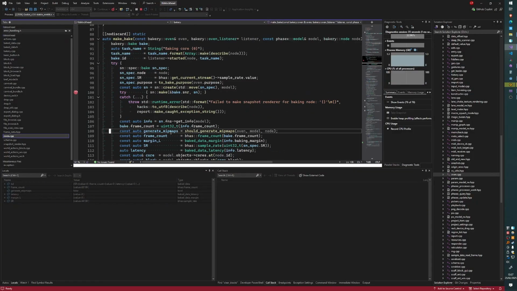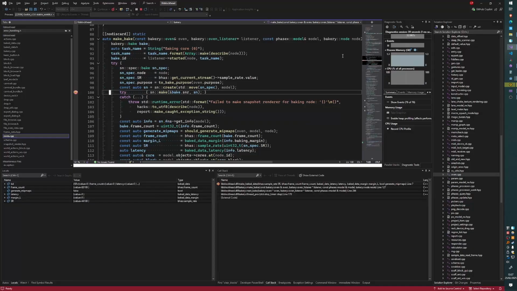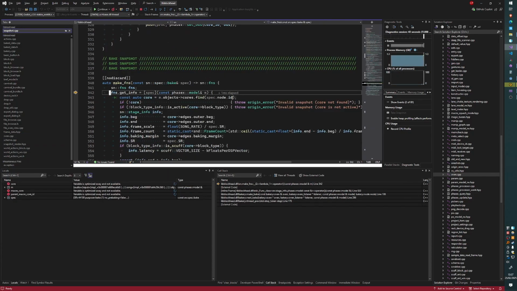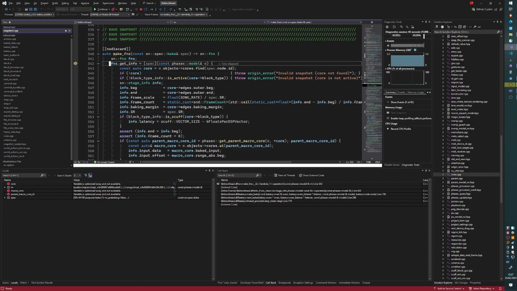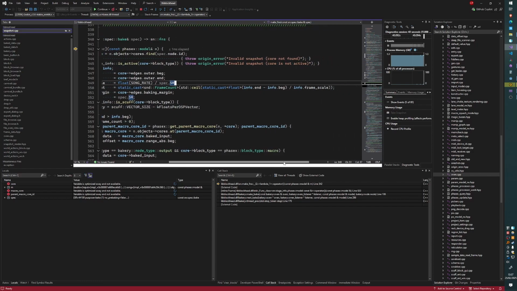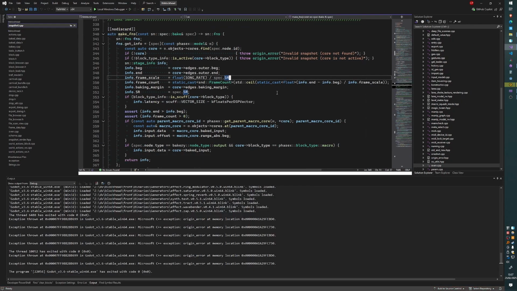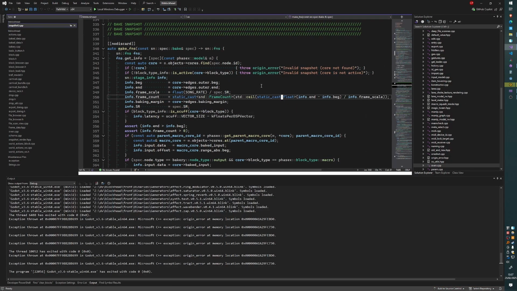Okay, I'm gonna have to just look at the code and see if I can figure out what is wrong with it. What is wrong with this code? There's like nothing to it. Frame count.